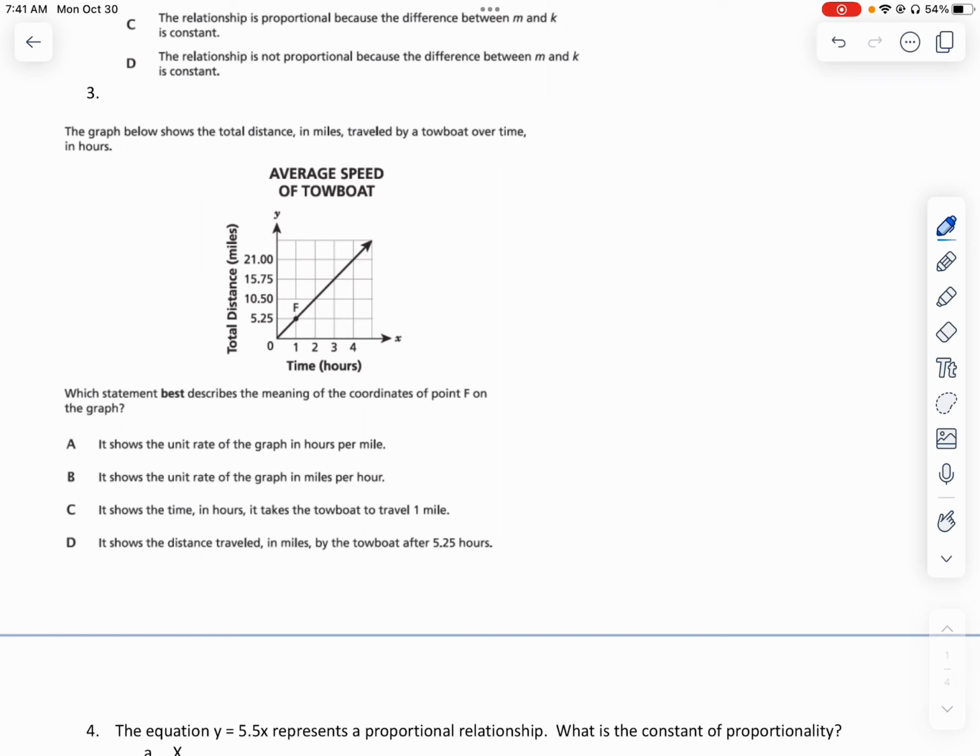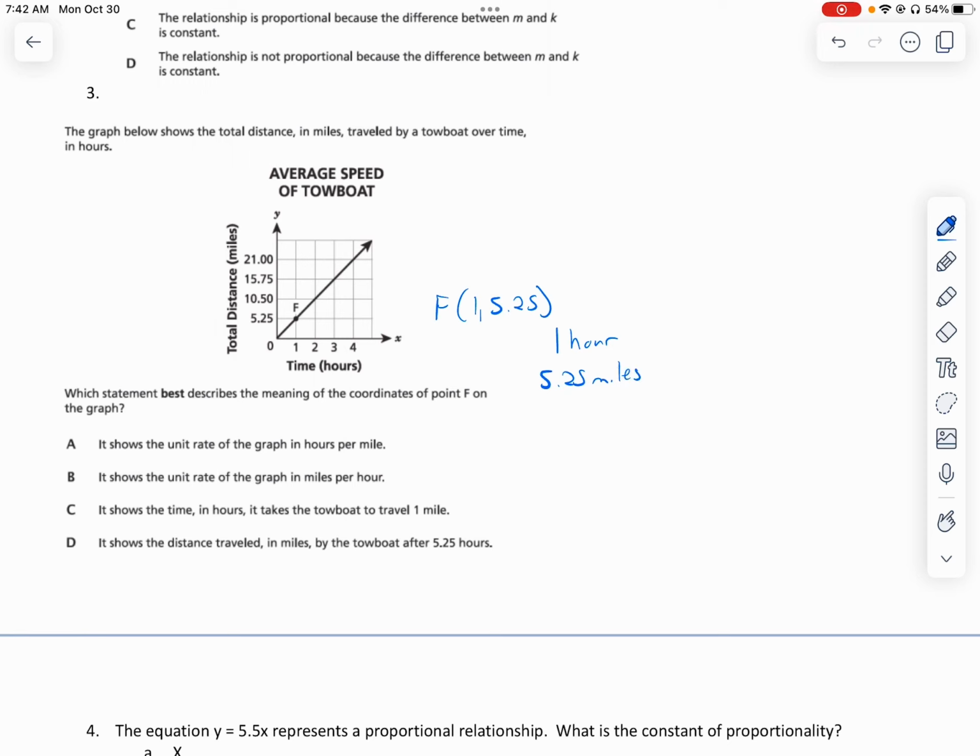The graph shows the total distance traveled by a tow car over time. Which statement best describes the meaning of the coordinate point F? So point F is at the point 1, 5.25. So that means it is 1 hour in 5.25 miles.